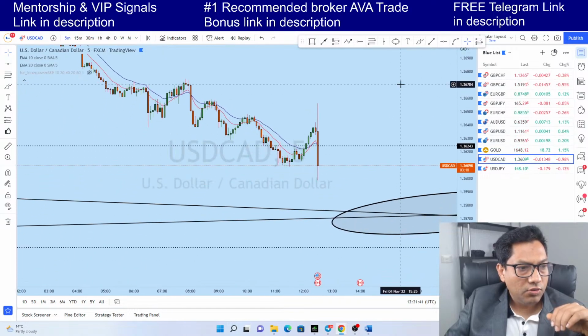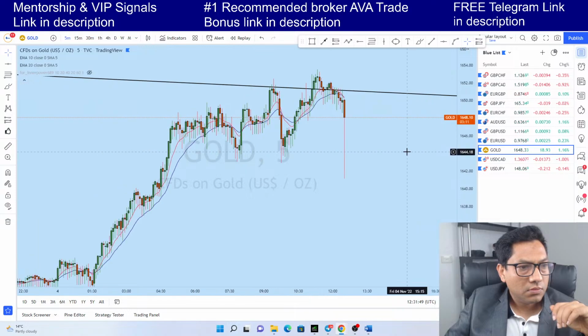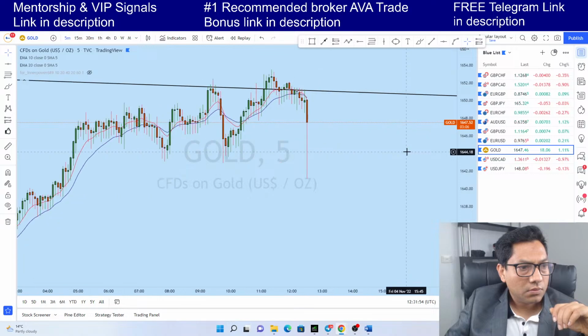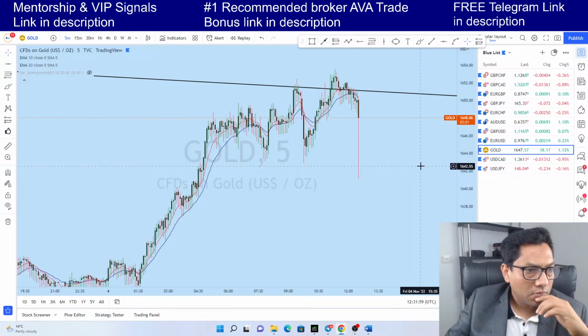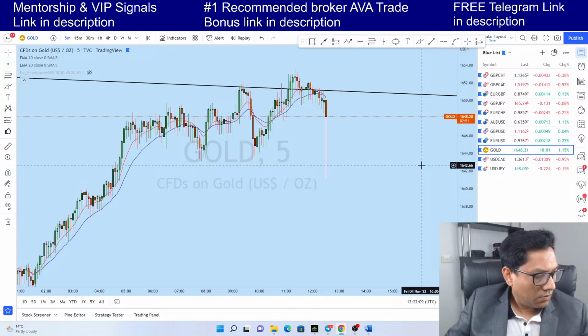You see that USD CAD had a spike up and then came back down. It normally goes both ways.